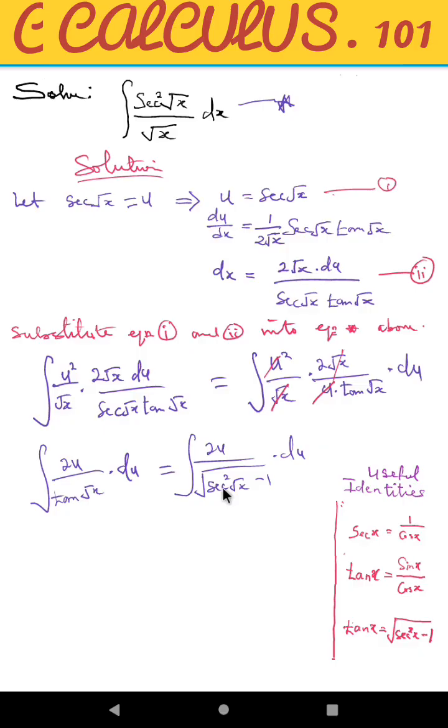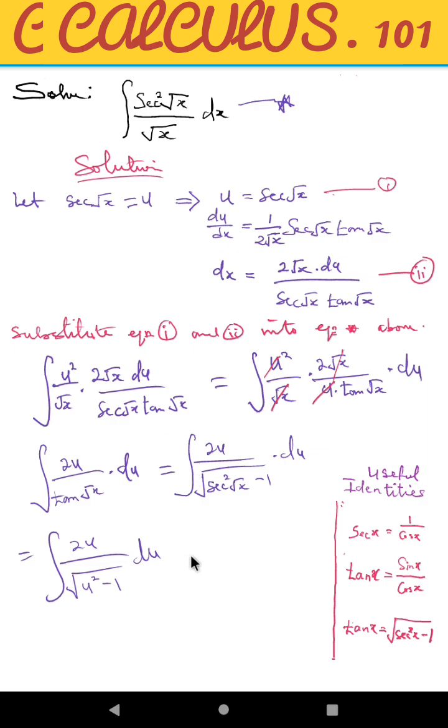Now let's replace back our u again here. Remember, the aim is we want everything to be in u form. So this is going to be the square root of, remember, our sec root x is u, so our sec squared root x will be u squared. So u squared minus 1. Then we have our du.